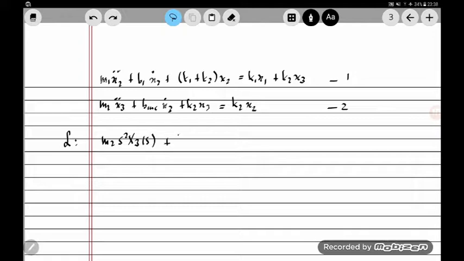So plus b increment s x3 of s plus k2 x3 of s is equal to k2 x2 of s. Let's label this equation 3 just in case we need it.